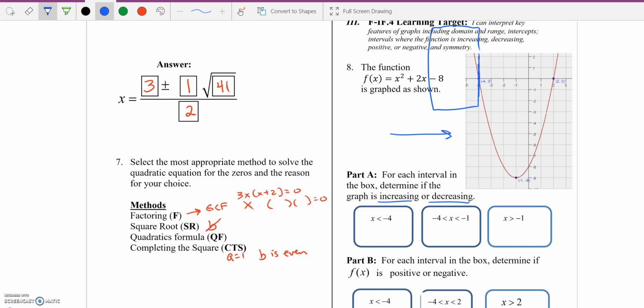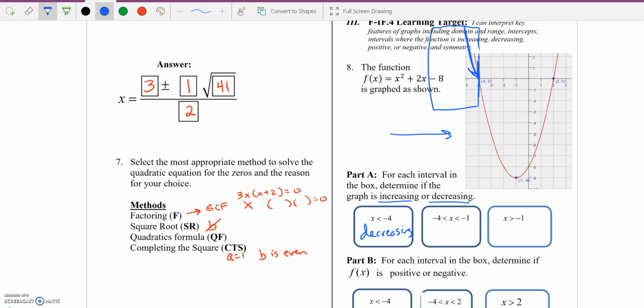So if we look at the graph, the actual parabola starts up here somewhere, and it's going to be coming down this direction. So when x is less than -4, my graph is decreasing.